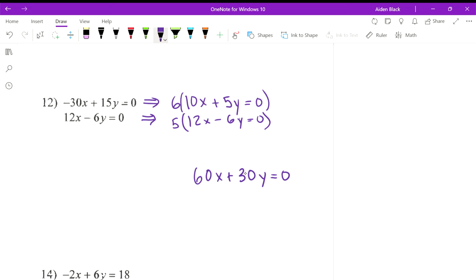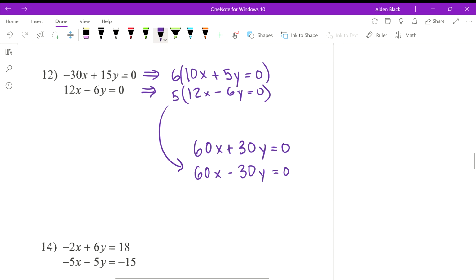And then when I do this second one, I get 5 times 12, that's 50 plus 10, so 60x, oh man, look what happened, minus 30y equals 0. And if I add one to the other, or subtract one from the other, it looks like I got the same values for x and y.